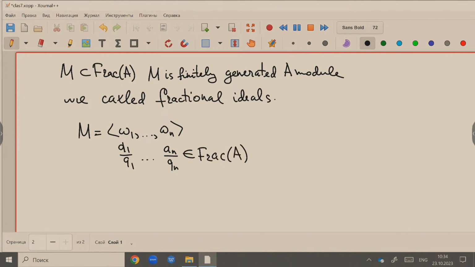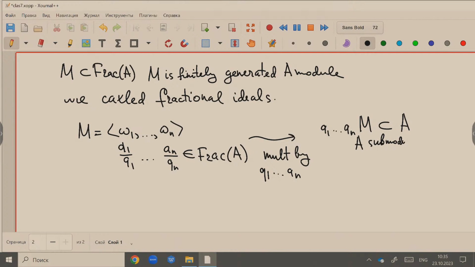Since they are finitely generated, you can multiply by the common denominator q1 ... qn, and you get a submodule of A. But this is an ideal, a submodule of A, which is an ideal.